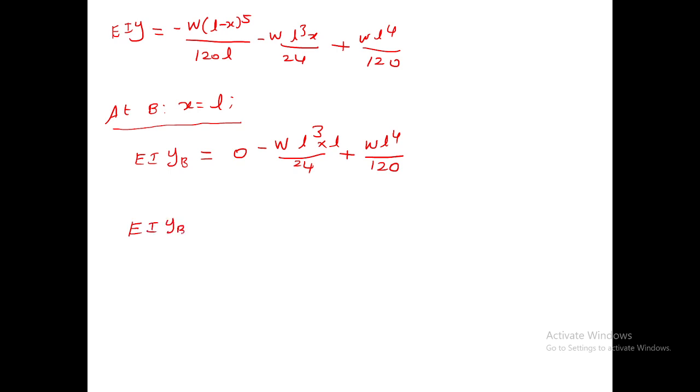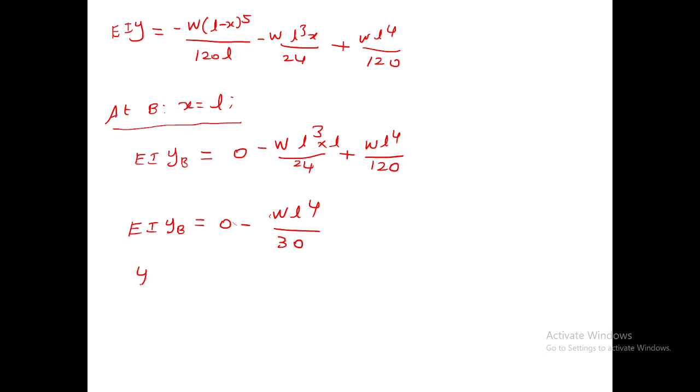EI yB equals, taking the LCM, minus WL power 4 divided by 30.